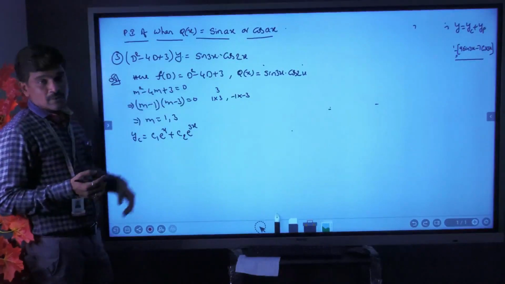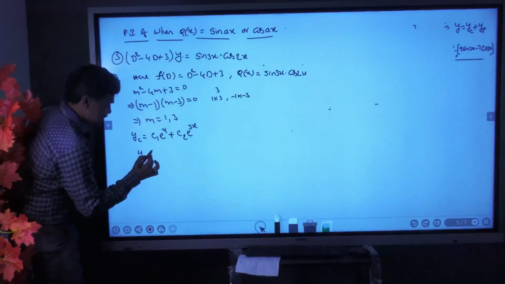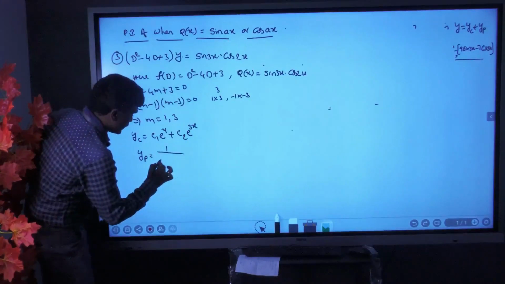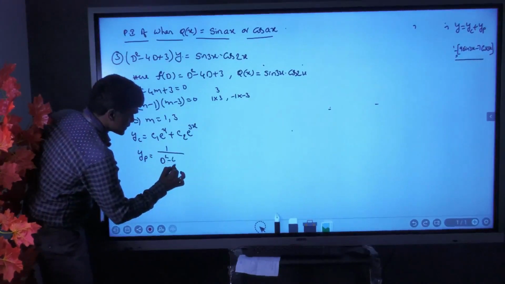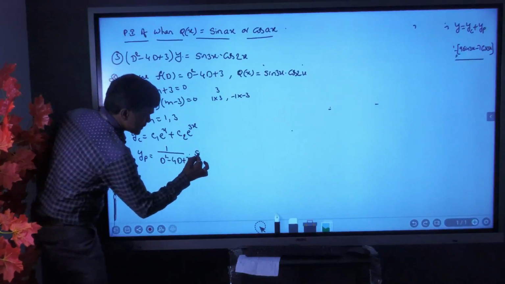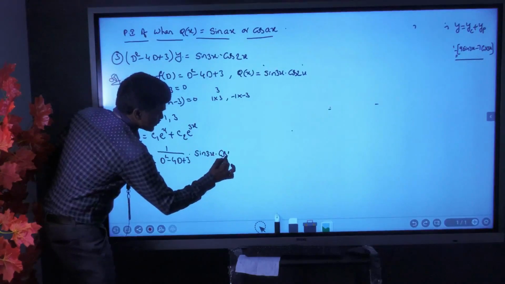Now go to yp. So what is yp? yp is 1 by f of d into q. What is f of d here? d square minus 4d plus 3. What is q here? Sin 3x into cos 2x.